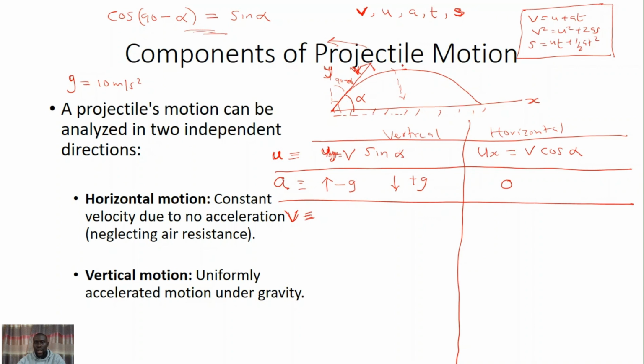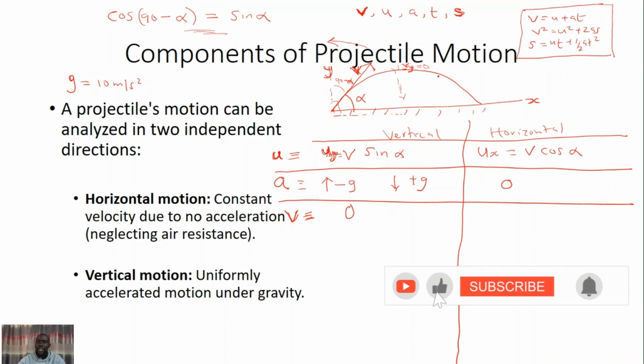At that point, the final velocity along the vertical axis, Vy, is usually equal to 0. So the final velocity of a projectile motion along the vertical axis is usually 0, and that's the point at which it starts coming down.